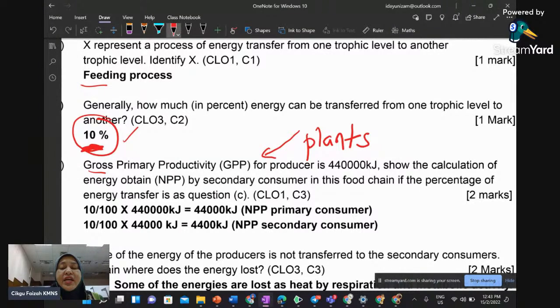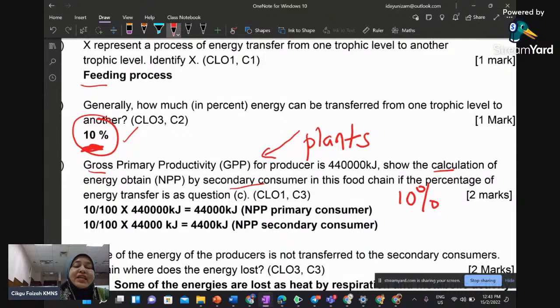So the question asks how you're going to identify, and you show the calculation of the energy obtained by the secondary consumer. In this food chain, if the percentage of energy transfer is as in question C, that means 10%. Every trophic level gets 10% from the producer, or from the trophic level they occupy.